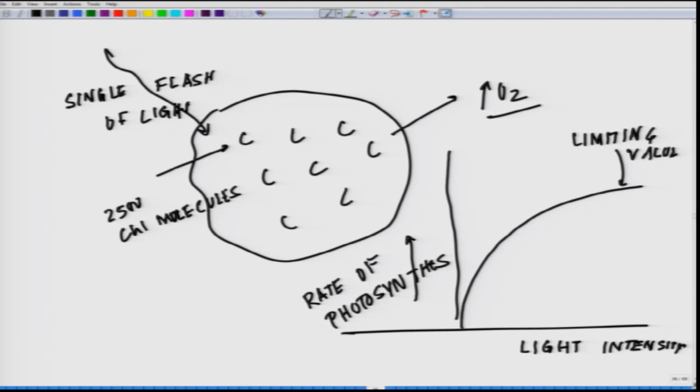This gave birth to the concept that photons absorbed by many chlorophyll are funneled to a reaction center. Now, what is critical is what the reaction center is and how to identify it.